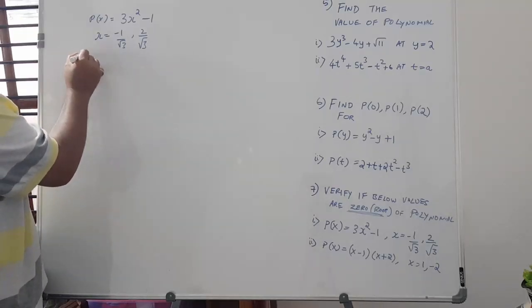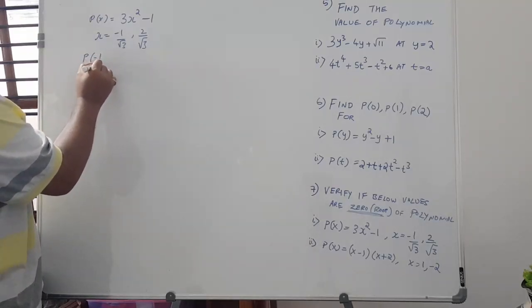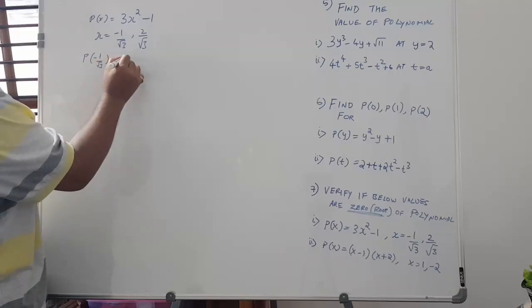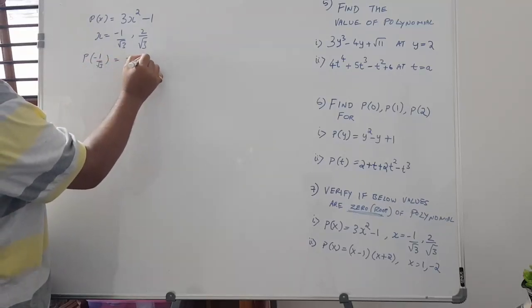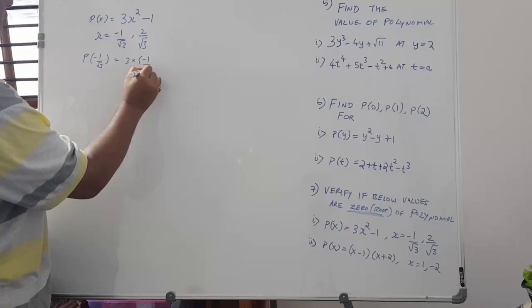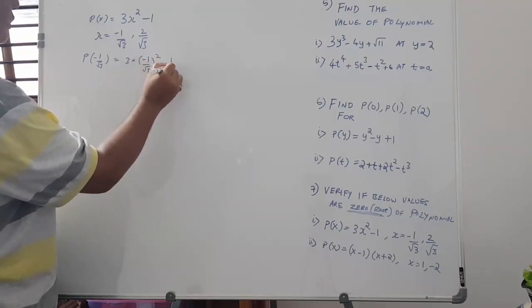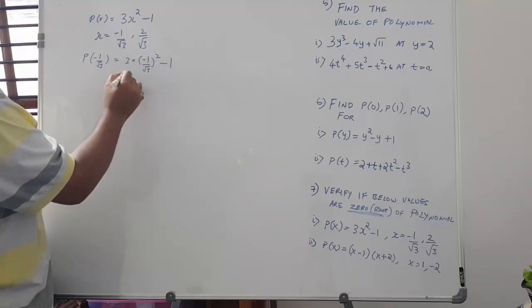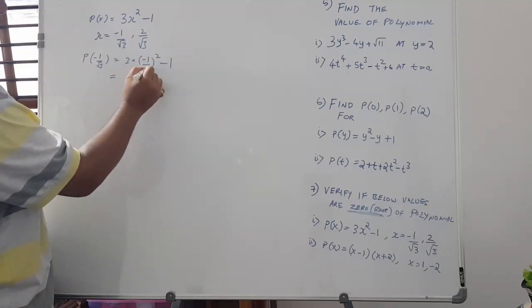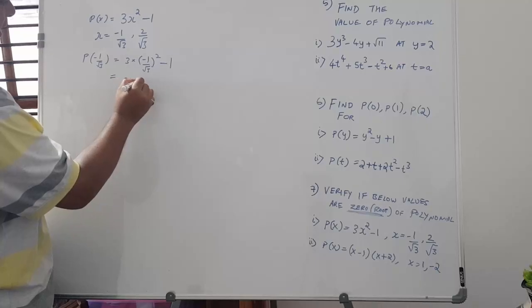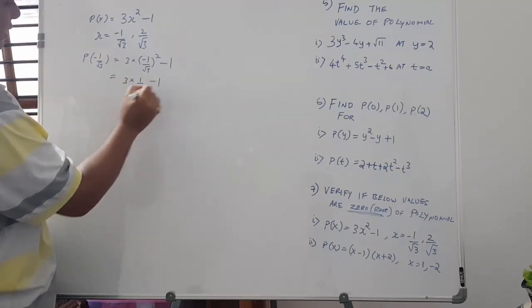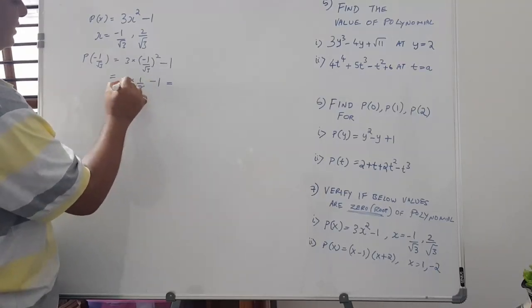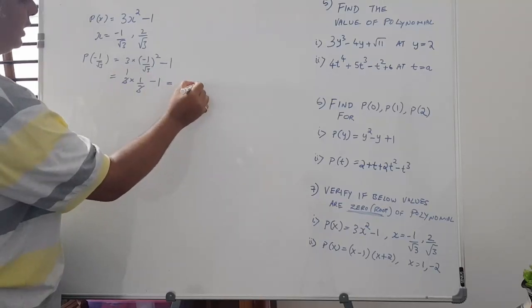So if I put minus 1 by root 3, that is equal to 3 multiplied by minus 1 by root 3 whole squared minus 1. Okay, so this will give me minus into minus will become plus, root 3 squared will become 3. So this will give me 3 into 1 by 3 minus 1. That is equal to, this and this will cancel. So I get 1 minus 1 equal to 0.